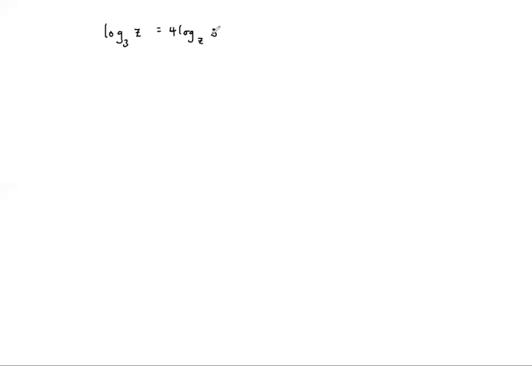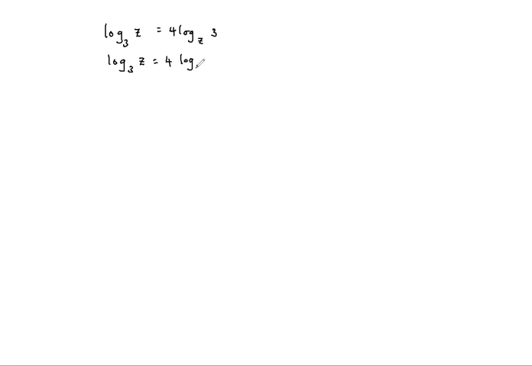So first thing, without taking anything to the other side, you can take the 4 to the power so that you have 3, or just leave it there. Let's leave it there and change the base from z to 3.